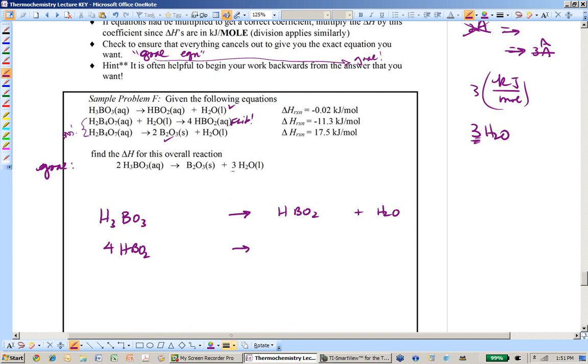And that's a good thing, because that's going to cancel out that HBO2 right here, which also does not appear in my goal. I just got some math to do when I'm done. And I'm going to make H2B4O7 and some more water, which is a good thing, because I need 3 of them. And then I'm going to leave the bottom one for now. I'm just rewriting it so I can scribble all over it and line up my arrows.